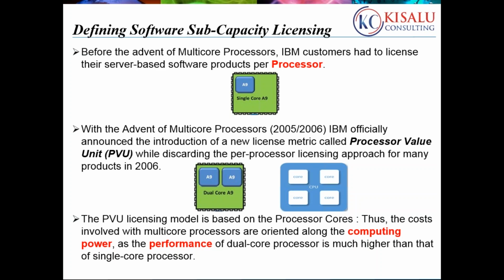Because if you take a one-processor machine compared to a dual-processor machine, the power is much higher on the dual processor, although it's one machine, one processor, but it's dual core. So the power is much higher than on the single core. So IBM then decided to charge more on a machine that will present higher performance compared to the one that will have lower performance.